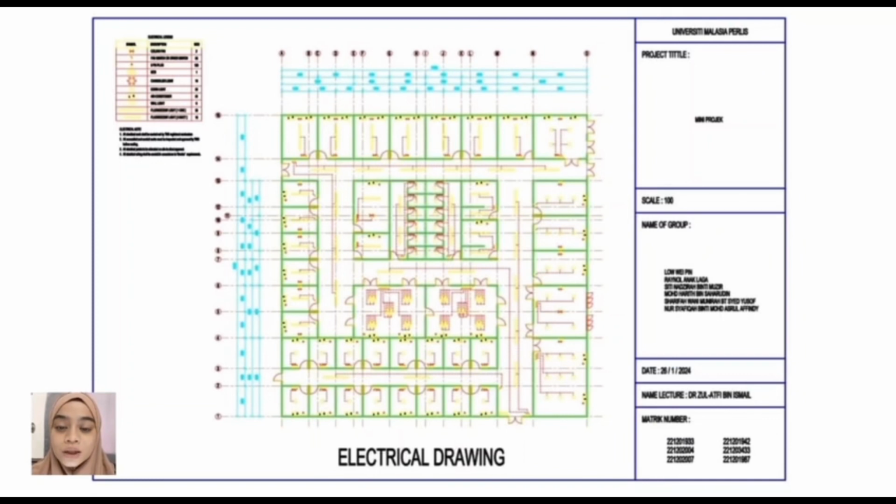Electrical drawing have symbol, ceiling fan, fan switch or other switch, 3-pin plug, MCB, chandelier light, down light, air conditioner, wall light, fluorescent light, and 1 ounce and fluorescent light 5 shot.